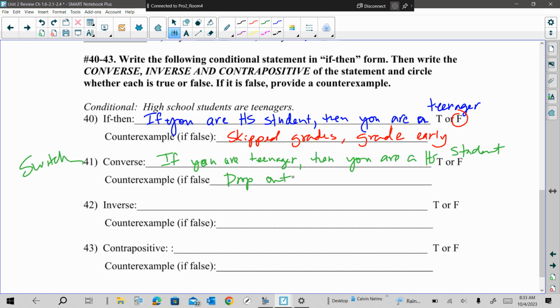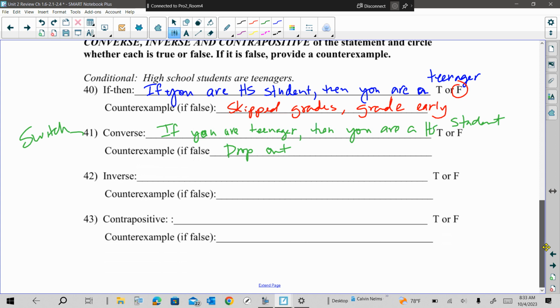Now, to do the contrapositive, this is when we switch it and negate it. The converse is already switched. We just now need to negate.